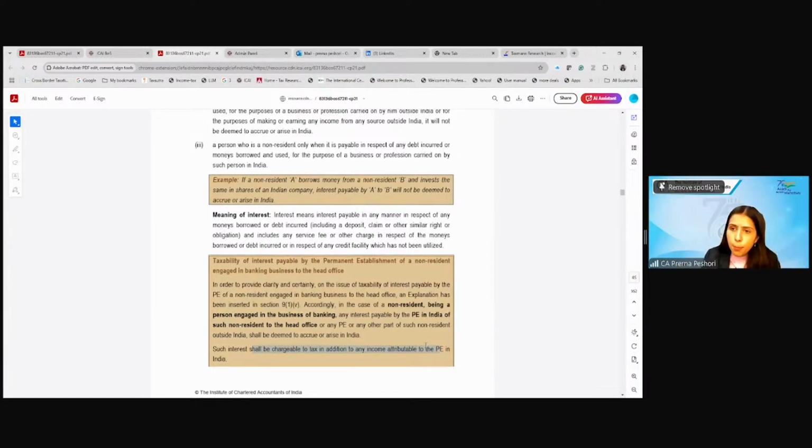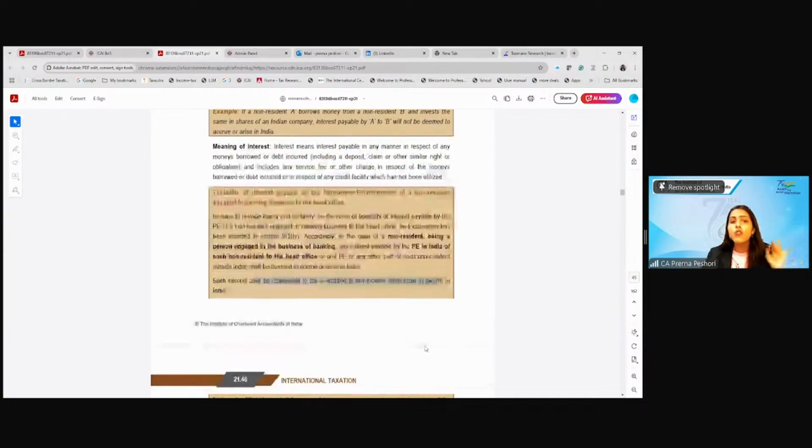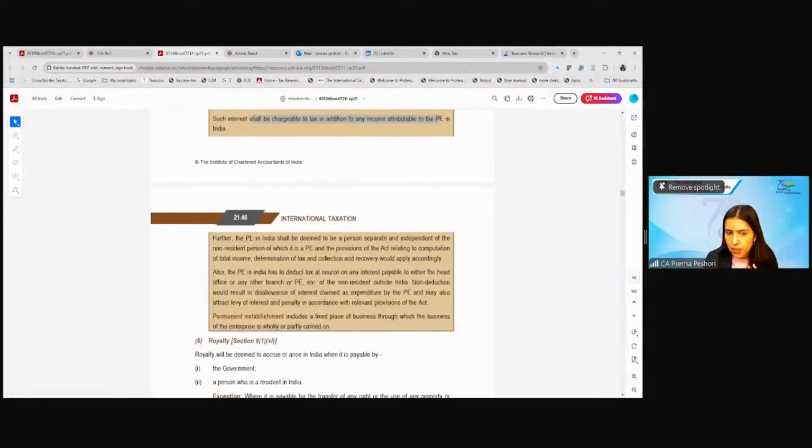So in addition to the branch profits, this interest which is paid by the branch to the HO will also be taxable in India. Further, the PE in India shall be deemed to be a person separate and independent of the non-resident person of which it is a PE, and the provisions of the Act relating to computation of total income, determination of tax, and collection and recovery would apply accordingly.